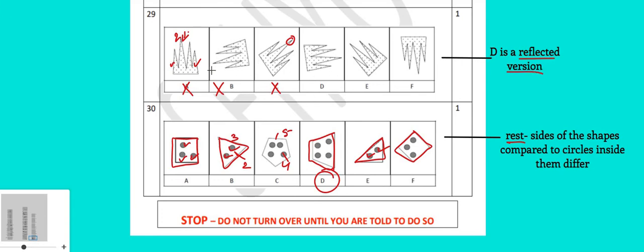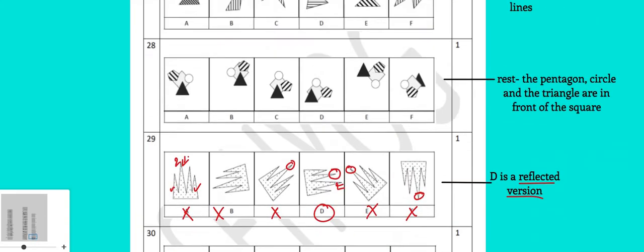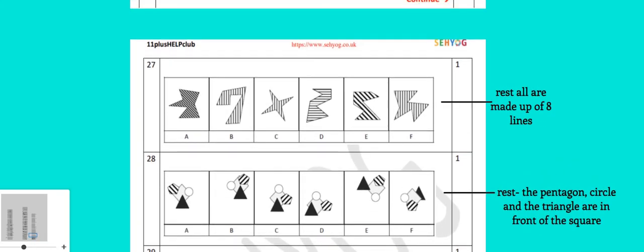Because as I mentioned, the second one should be the tallest pine, but here in D the second one is not as tall as this one. Therefore, D is the reflected one and our correct option. E and F are also not the answers we are looking for, because here also the tallest one is the second one.